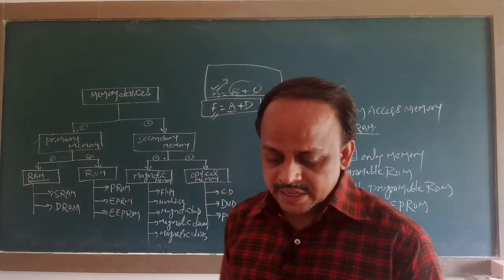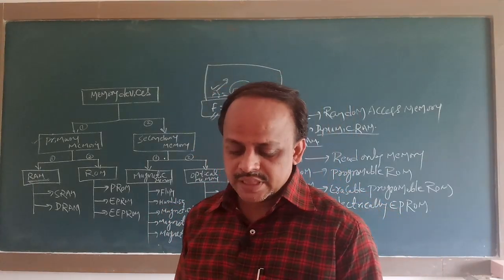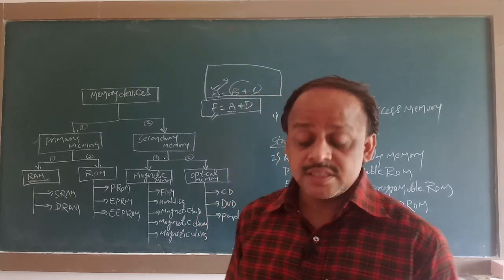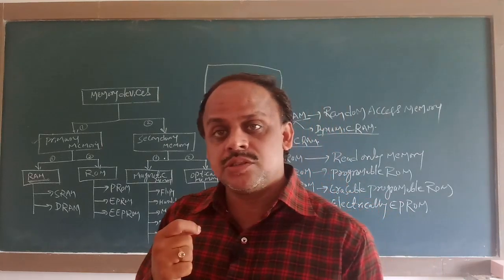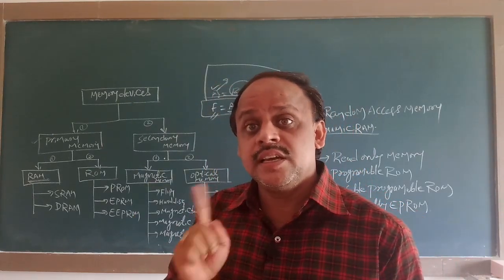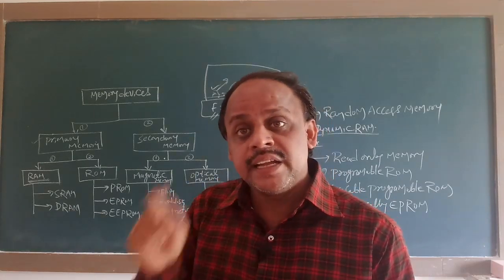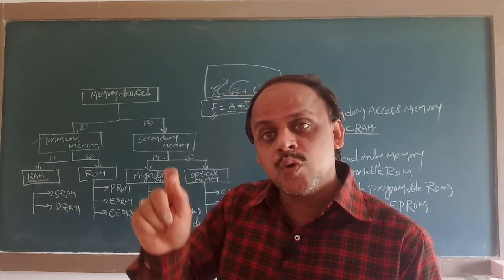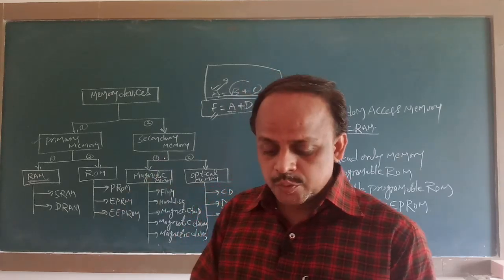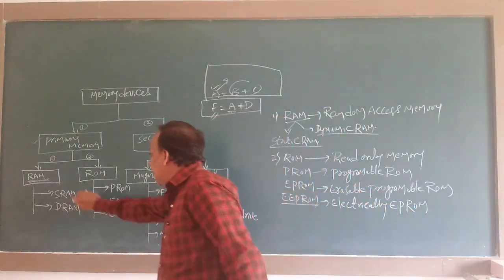And the data and instructions entered by the user are stored in this memory. Means the data and instructions which are going for execution. See here, not everything, only the data and instructions which are going for processing are stored in RAM.